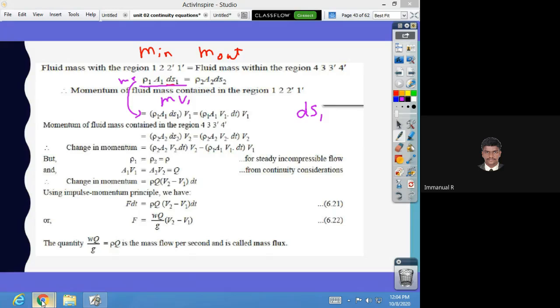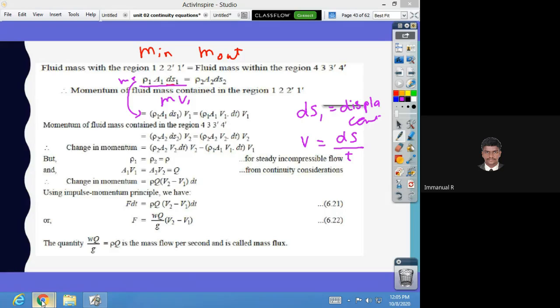Whenever we derive things in science and physics, we need to reduce the number of variables. So for that, ds is nothing but the displacement. What is the formula for velocity? Velocity is equal to displacement divided by time.